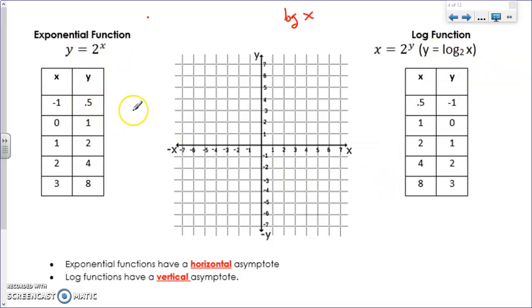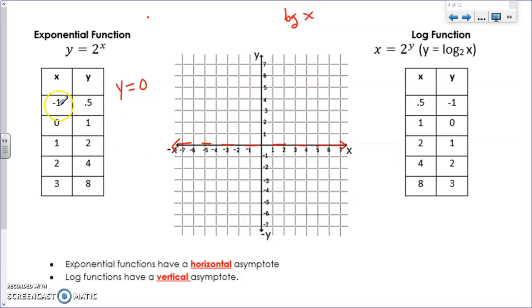So let's graph this. First of all, we know from a log function or exponential function that it has a horizontal asymptote. Okay, so our horizontal asymptote here will be y equals 0 because k is 0. We're going to graph that here.